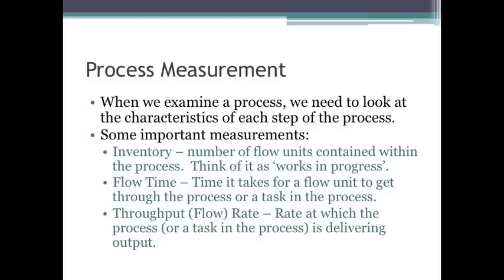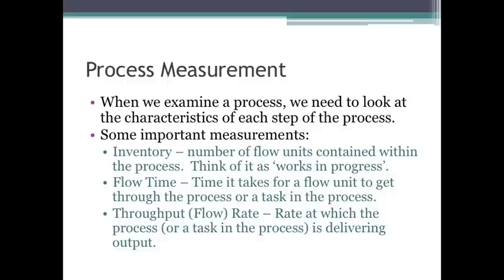And then there's this last one, throughput rate. Sometimes it's called flow rate, but I prefer the term throughput rate to distinguish it from flow time. And throughput rate is churn. It's how fast we're able to get stuff out. It is the rate at which the process, or a step in a process, can deliver output, can get stuff done. This is how fast we get stuff done.